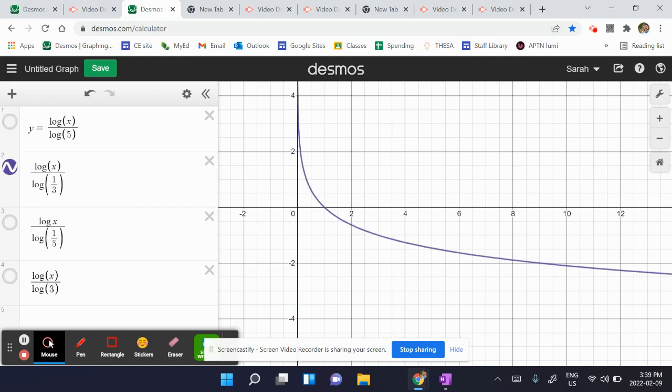So I'm going to put that one in. So here we go. Still have an asymptote of x equal to 0. It's still going through the x-axis at 1. When y is equal to 1, y is equal to... Should be 2/3, I think.